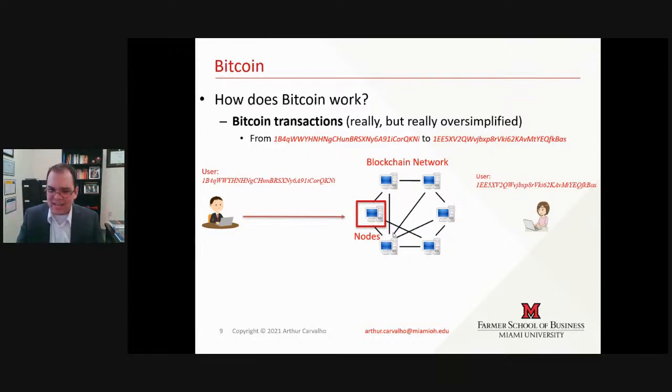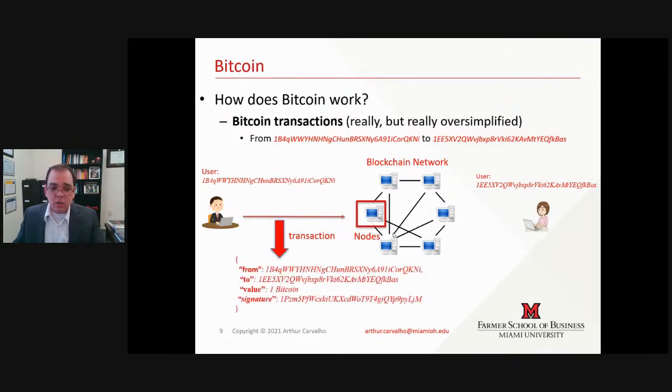So what is a transaction? In a very, very simplified way, a transaction will be something like a data structure. Think about what I have on my screen, a few fields there. It has a from, someone, to someone else, the value, Bitcoin, and now we have all that cryptography stuff I mentioned before. We need to sign the transaction so that we know that the user sending money is actually who he says he is. We use a digital signature.